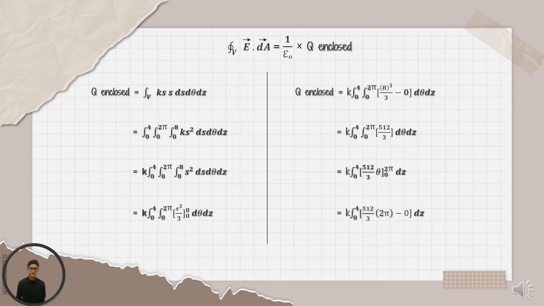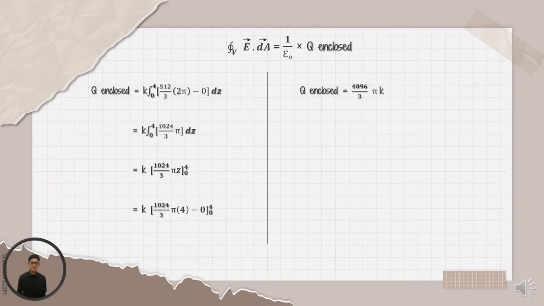Firstly, we insert the values that we have into the equation, and k we move outside because it's a constant, and we integrate with respect to S. After that we substitute the limits to get the first value of the integral with respect to S. Second, we integrate with respect to theta and substitute the limits.